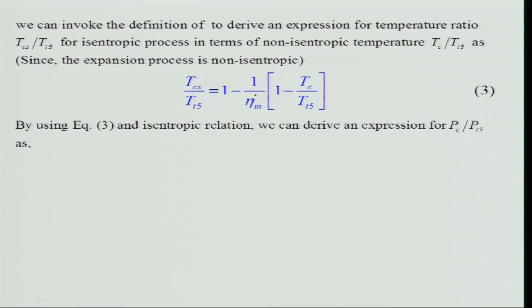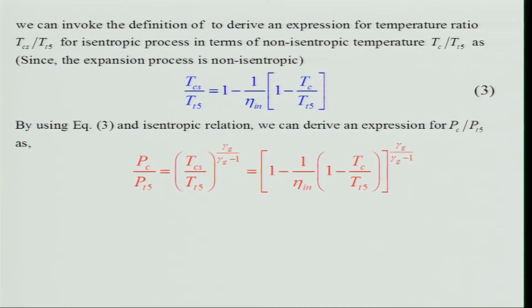So, by using the isentropic relation, we can derive P c by P t 5, which is nothing but T c s divided by T t 5, since this is an isentropic process, raised to the power gamma g divided by gamma g minus 1. We put this expression 3 here. That means if I know T c and T t 5, I can find out P c by P t 5.